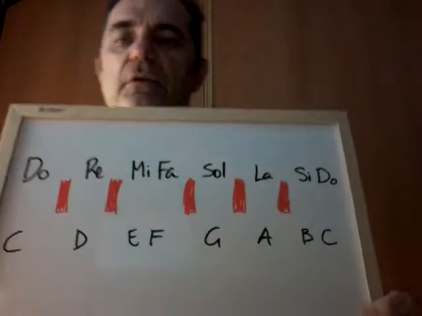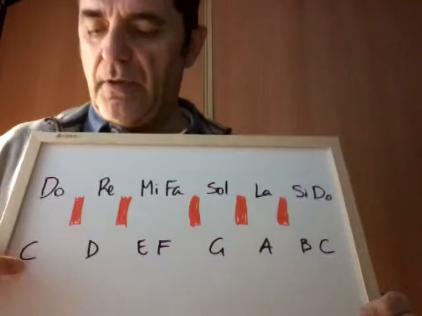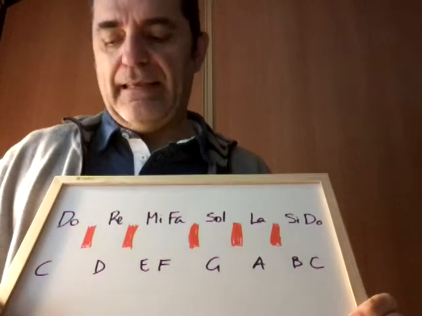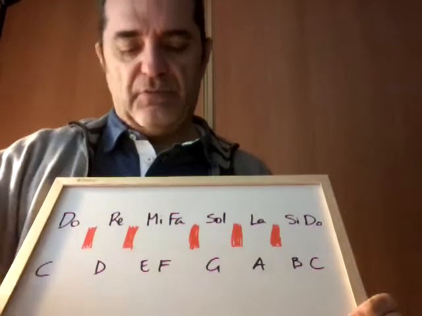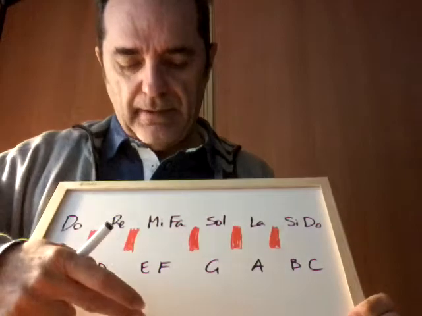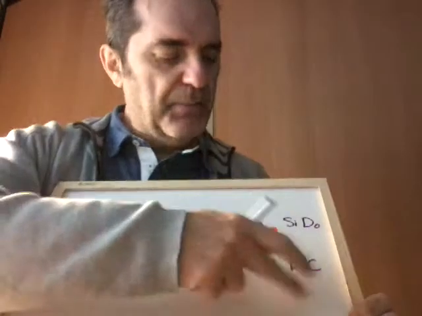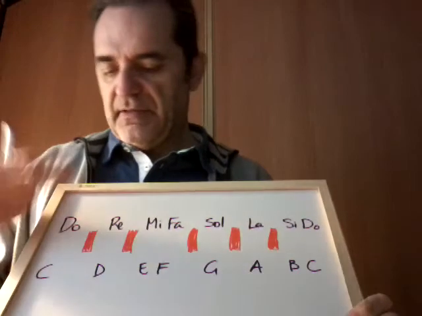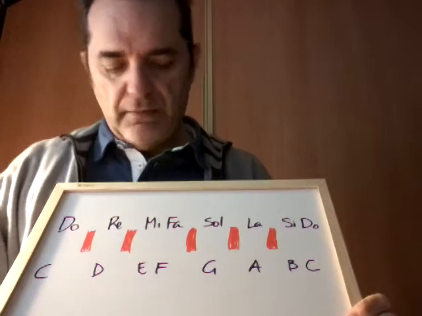C, D, E, F, G, A, B, C. So we've got here the notes, right? This one is a white key. Remember, I'm talking about the piano. And here, the red symbols represent the black keys on the piano.